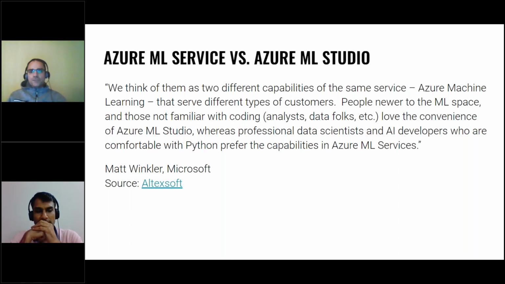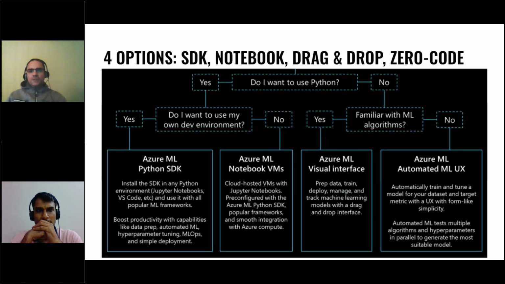Start using Azure Machine Learning Service because in it, you're going to have all the options to actually work with machine learning models, scale them, test them, et cetera, regardless of whether you prefer a code or no code environment.